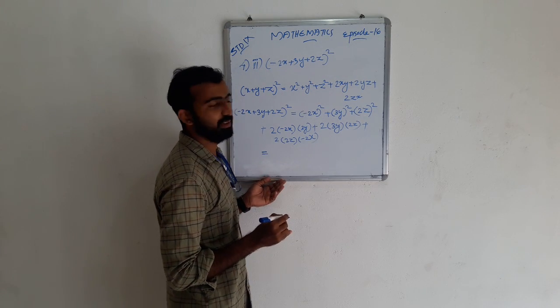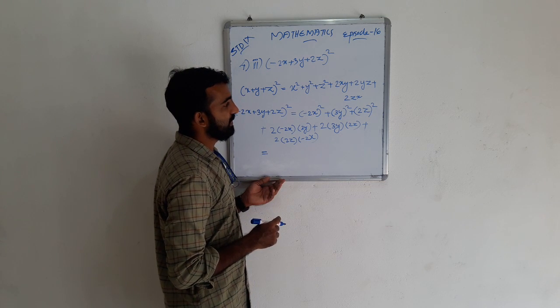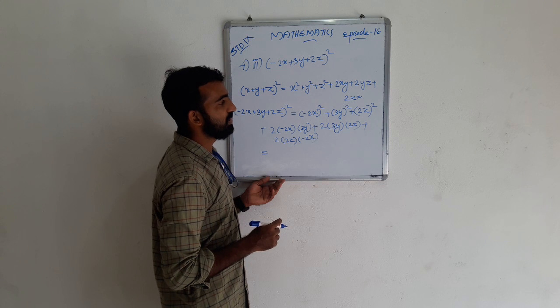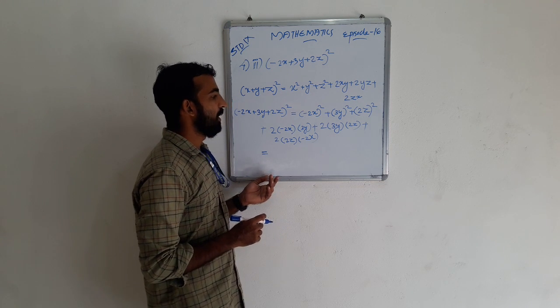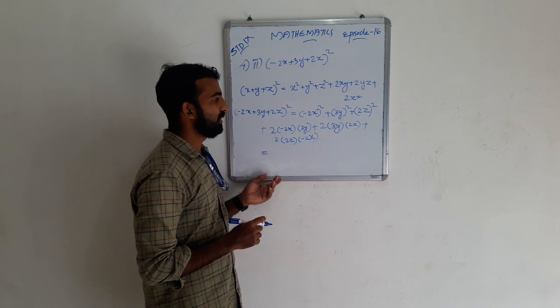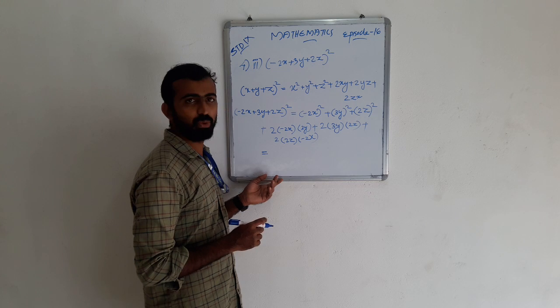What we can write? We can write minus 2x the whole square plus 3y the whole square plus 2z the whole square plus 2 into minus 2x into 3y plus 2 into 3y into 2z plus 2 into 2z into minus 2x.